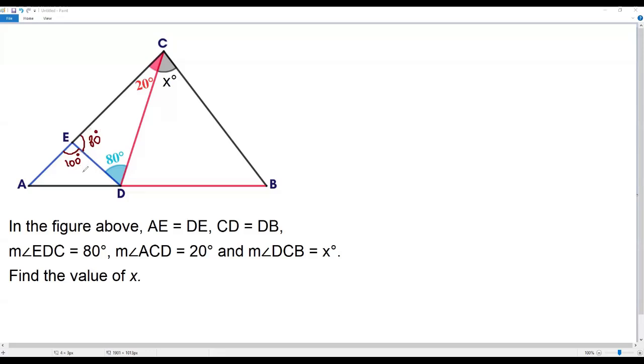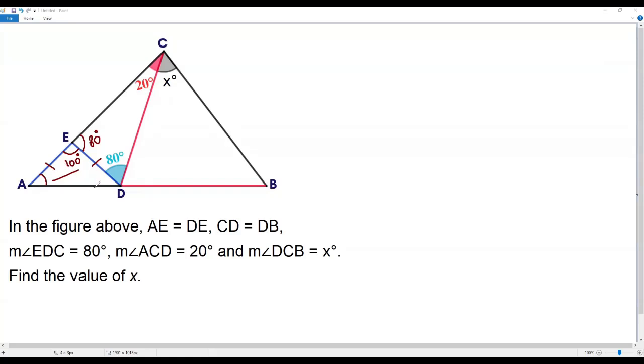There is information in the question that the line segments AE and DE are equal. In a triangle, if two sides are equal in length, the interior angles opposite those sides must be equal in measure. Here the interior angle at vertex A is opposite to the side DE, and the interior angle at vertex D is opposite to the side AE.